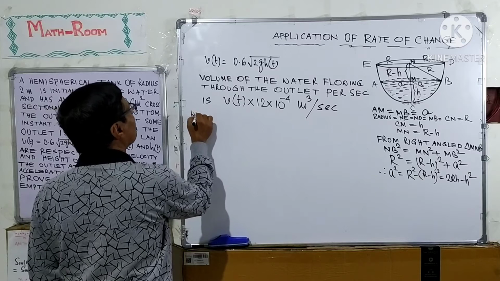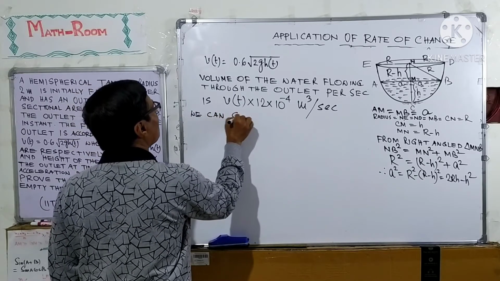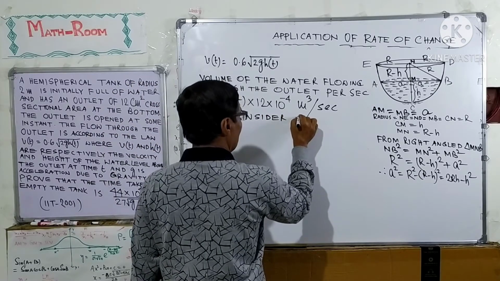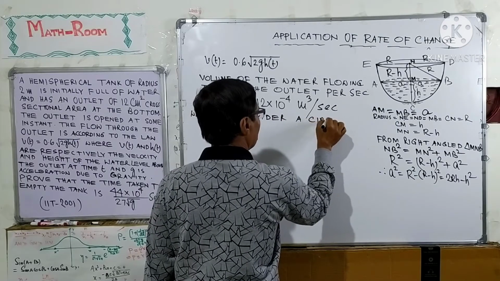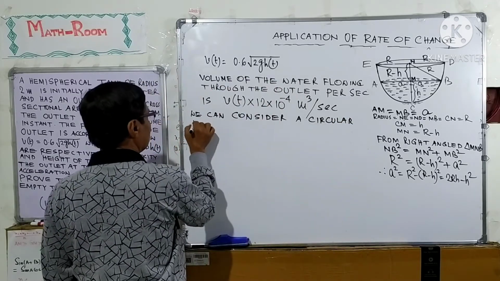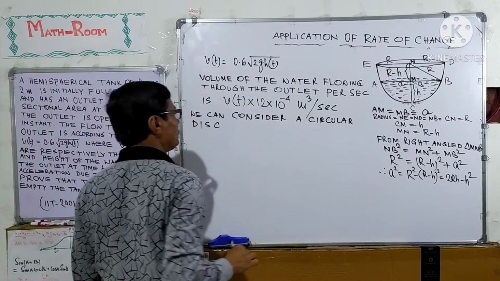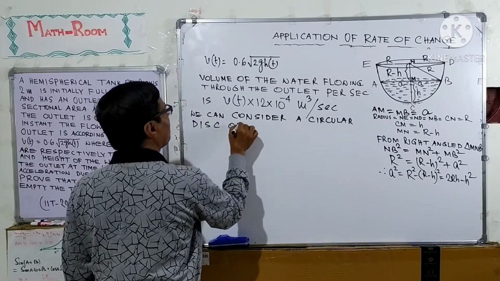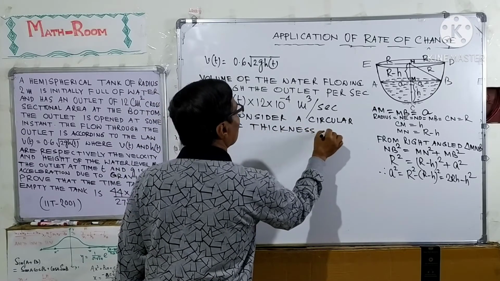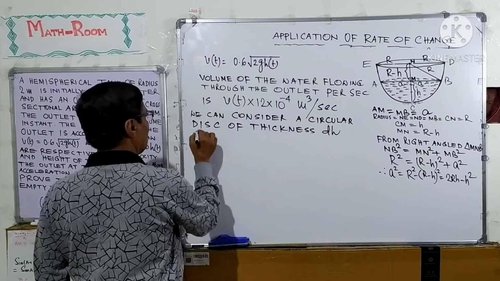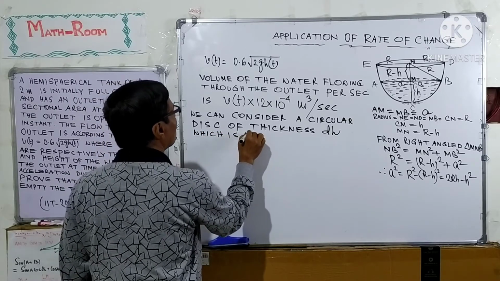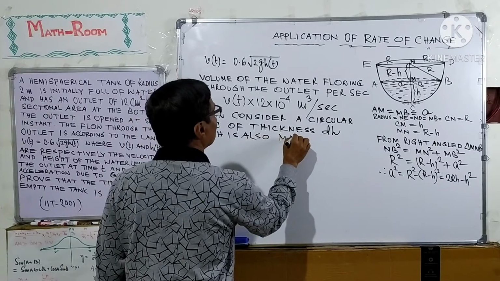We can consider a circular disc of thickness dh, which is also made of water.